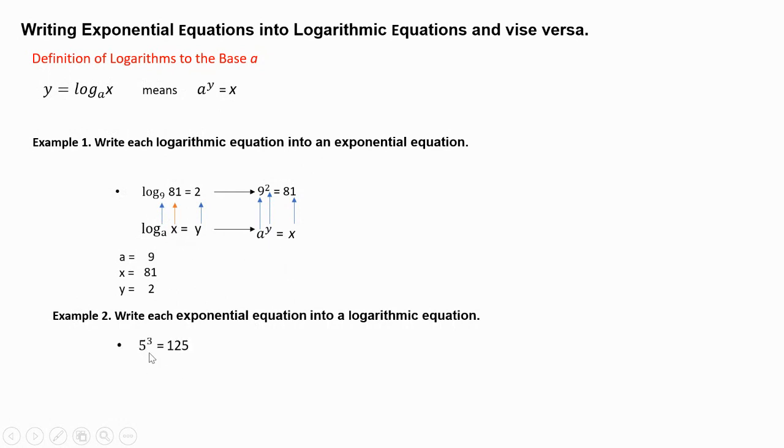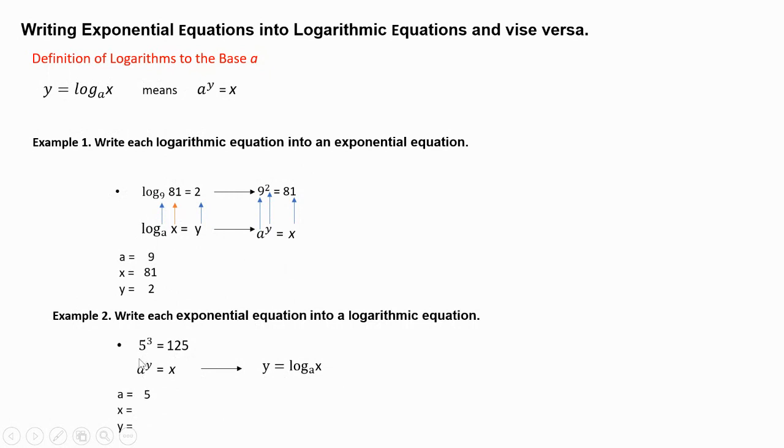Example 2 is 5 cubed equals 125. And now you're going to go from an exponential to a logarithmic equation. So you have to go from a to the y power equals x, to y equals log base a of x. You have to know what the a is, what the x is, and what the y is.